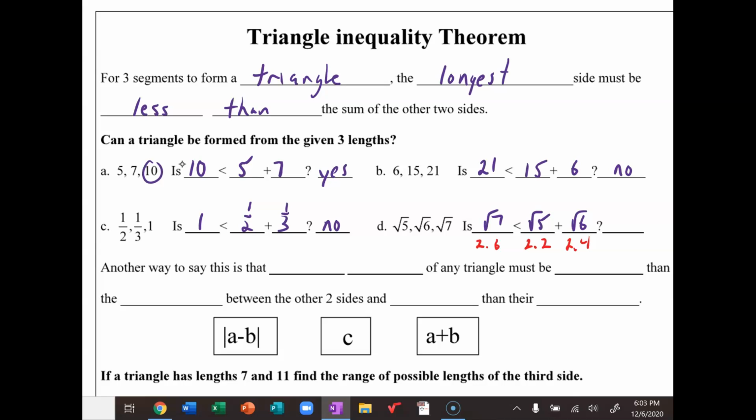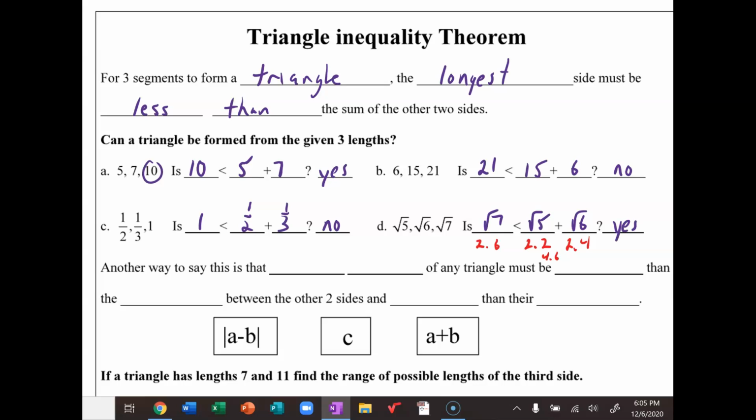Of course, it doesn't look like it's equal, because these add up to something like 4.6, and 4.6 is definitely more than 2.6. So this is definitely a triangle. As long as the biggest length is less than the sum of the other two, then you have a triangle.